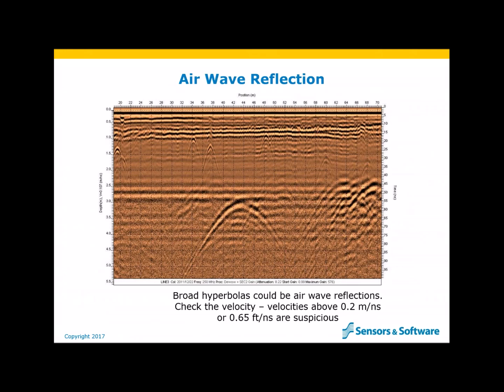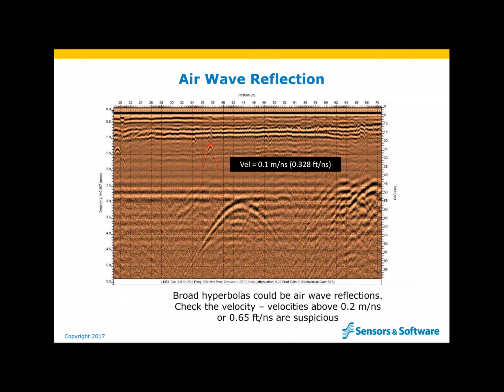Have a look at this example. We see hyperbolas in the top part of the section, and we see other hyperbolas in the bottom part of the section. But notice how much broader the deeper hyperbolas are. If we do a velocity calibration on the shallow hyperbolas, we get a velocity of 0.1 meters per nanosecond, a third the speed of light, and a typical velocity in the ground for a moist soil.